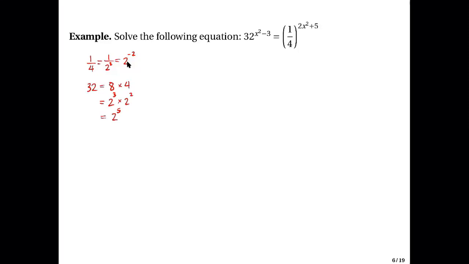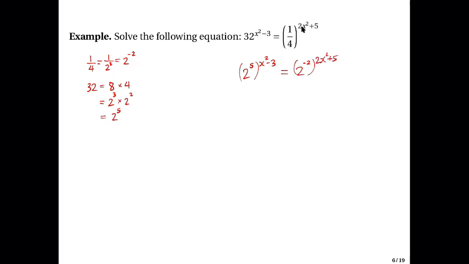Okay? So again, we substitute 2 to the power negative 2 for 1/4 and 2 to the power 5 for 32, so that our equation becomes: 2 to the power 5, quantity raised to x squared minus 3, equals 2 to the power negative 2, raised to 2x squared plus 5.